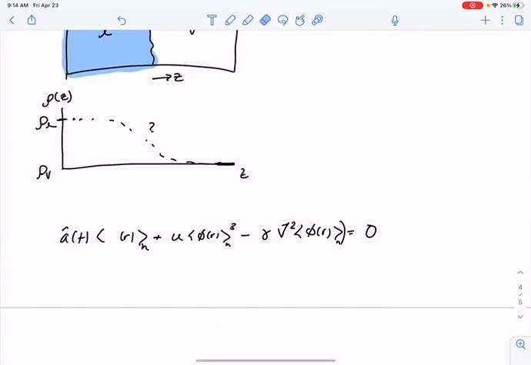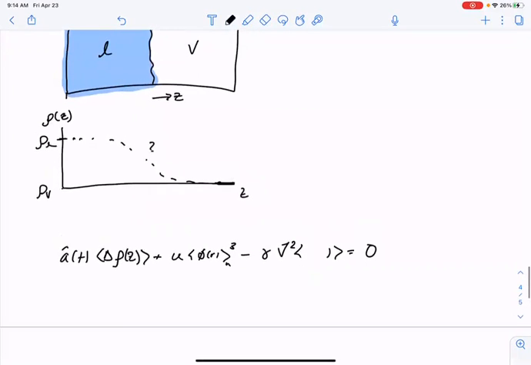And instead of calling this phi, I now call this delta rho. The inhomogeneity is along the z direction. We're going to imagine that it's isotropic in the plane orthogonal to z, so in x and y. So the only variation is in z.